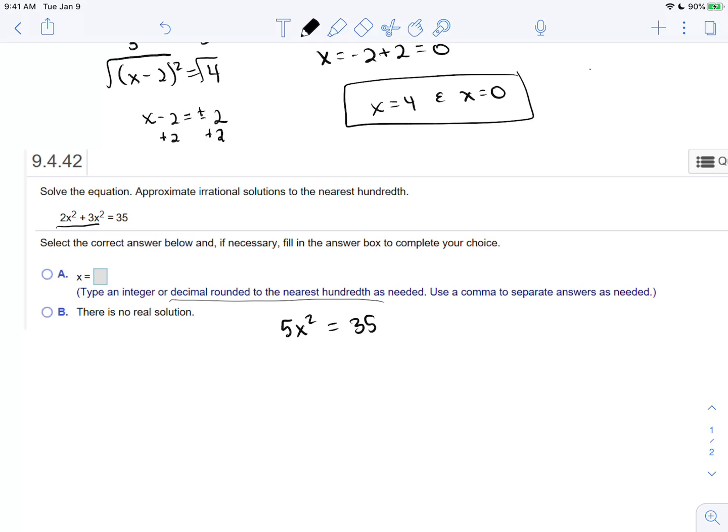Now that I have that just as a single term, I want just the x squared by itself, so I'm going to divide by 5, and I get x squared equals 7. And I'd square root both sides, right? Now it said round to the hundredth, so when I plug that in my calculator, I get 2.65. Remember, we're going to have 2 solutions, so also negative 2.65.